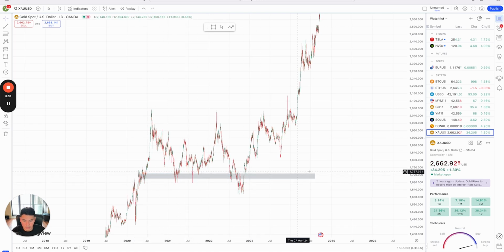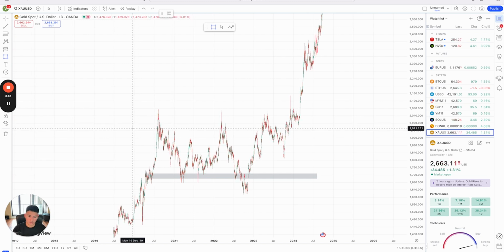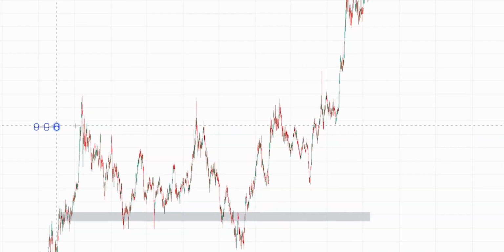This is going to be called the floor of the house, which is support, and resistance is going to be the roof of that house, which is where the most number of touches happen within that same area. That's resistance.